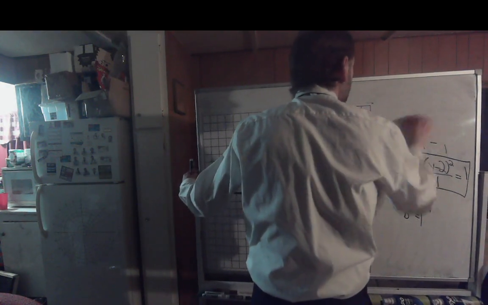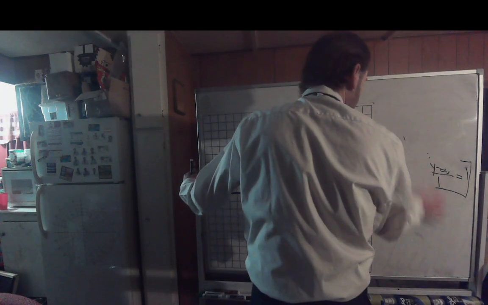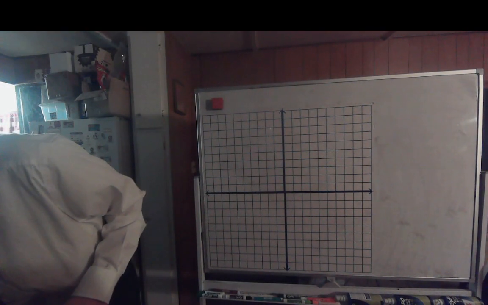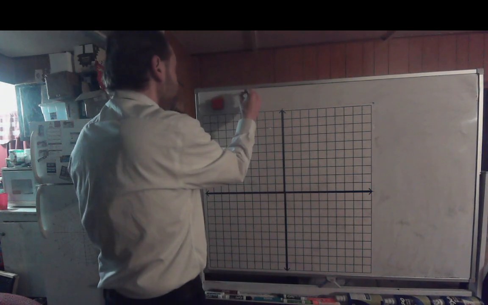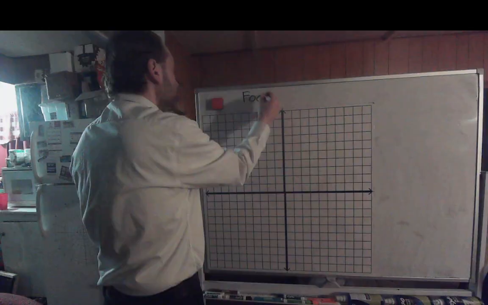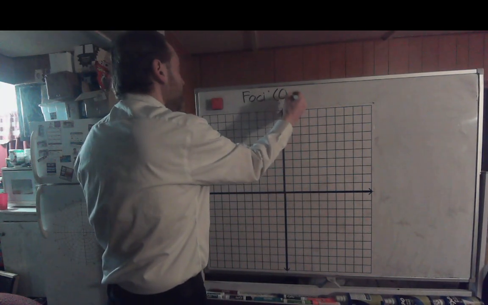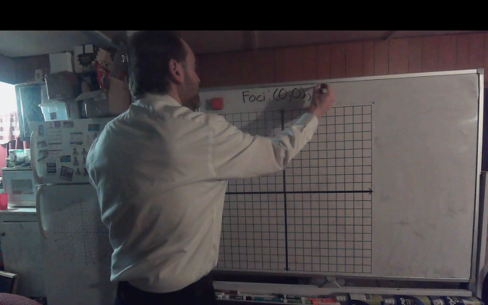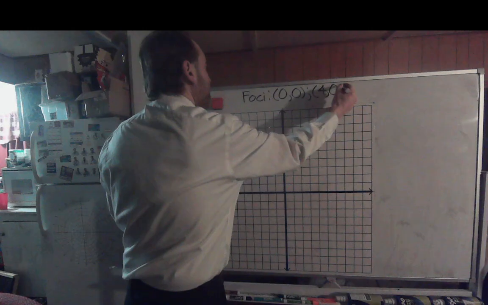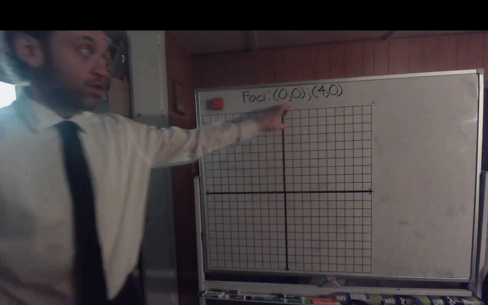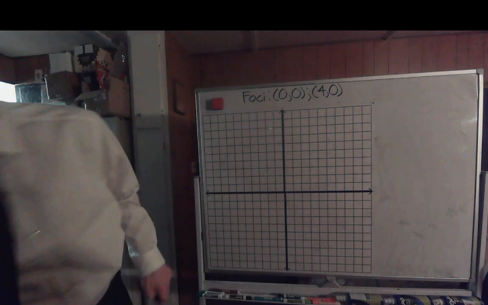Now this changes again. What if they give you two foci to start with? The foci are at 0, 0 and 4, 0, and the major axis has length 8.